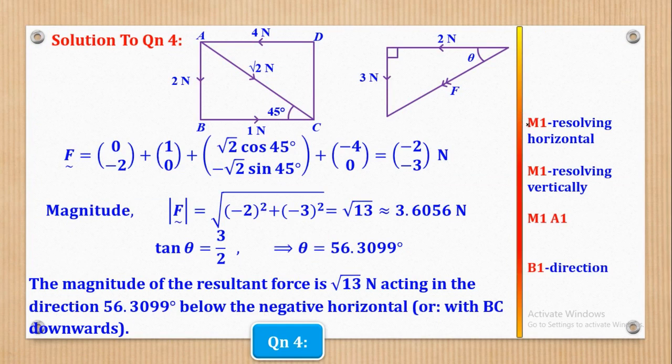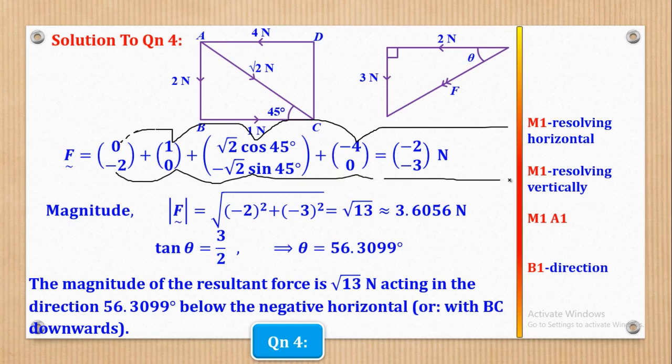So here M1 is for resolving horizontally, so this and this and this, that is our M1. Then another M1 is for resolving vertically, so this and this, that is our M1 again, second mark. Then the third mark is for substituting this output into this.